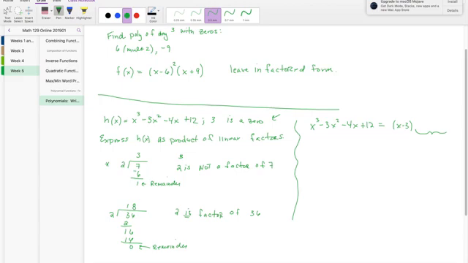And we want to find that something else. So to do that, we're going to divide x minus 3 into x cubed minus 3x squared minus 4x plus 12. So there's two different ways you can do this division. There's long division, which I'm going to model for you now, and there's synthetic division that I'm also going to show you.